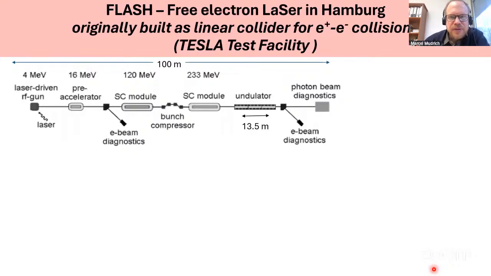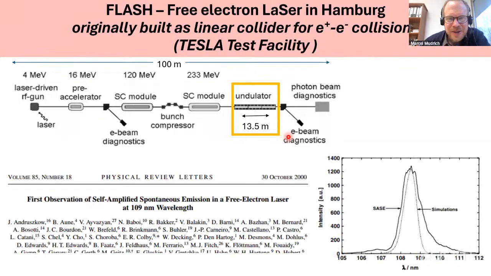So just to give you a few examples, or actually the most important examples, of X-ray free electron lasers. The very first one was the FLASH free electron laser in Hamburg at DESY, the German Electron Synchrotron facility. The undulator was quite long, but 13.5 meters is quite short actually for today's standards.